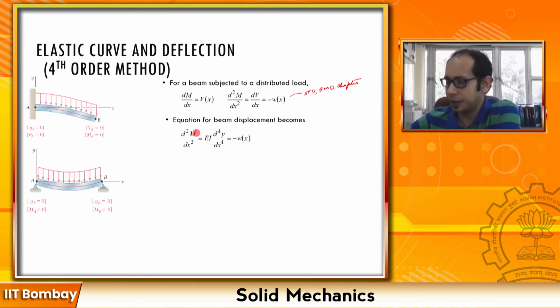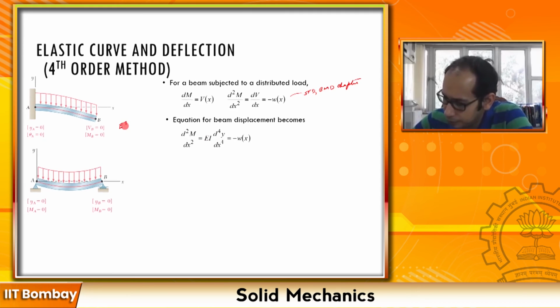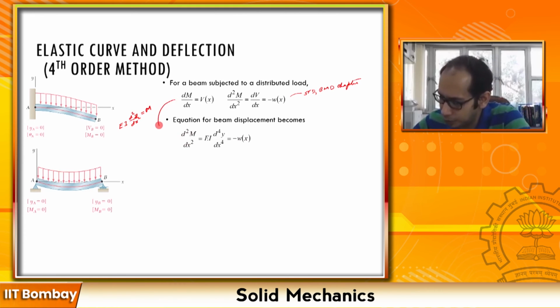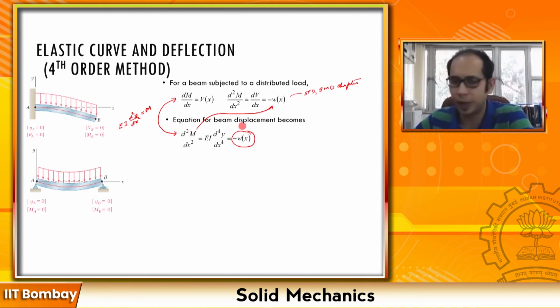If you recall, EI d square y by dx square equals M. Now if you take the double derivative of that again, you end up with EI d4y by dx4, which becomes equal to the double derivative of M, and from the first 2 bullet points that you see, you can write this as simply equal to minus w of x.